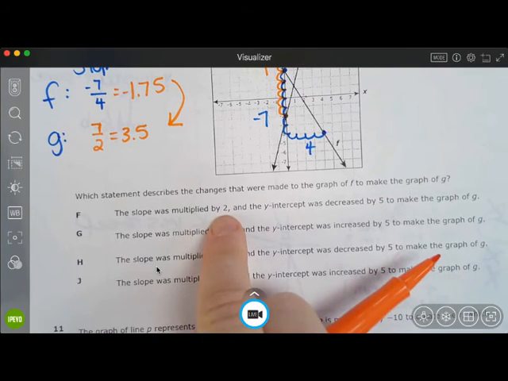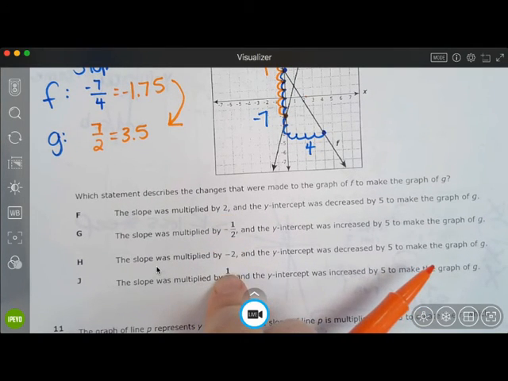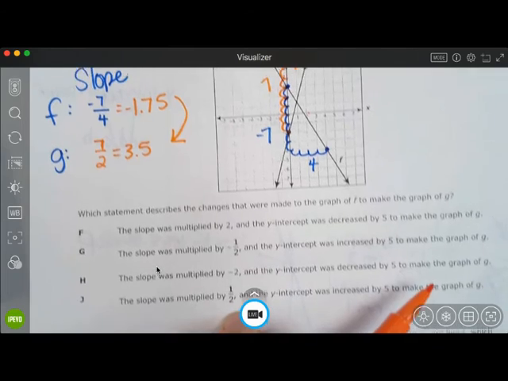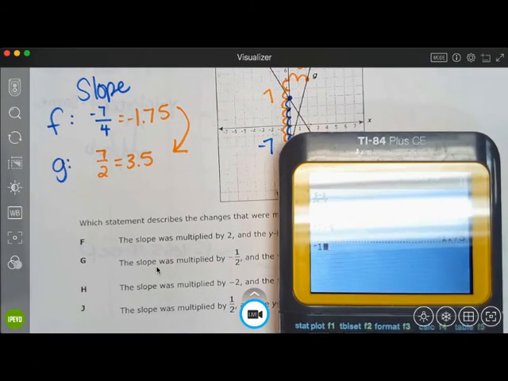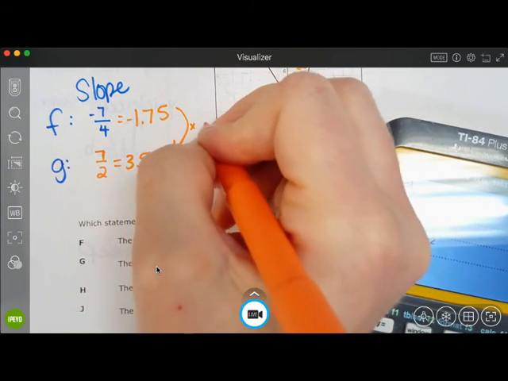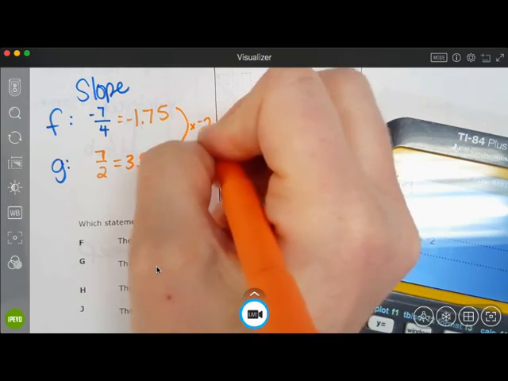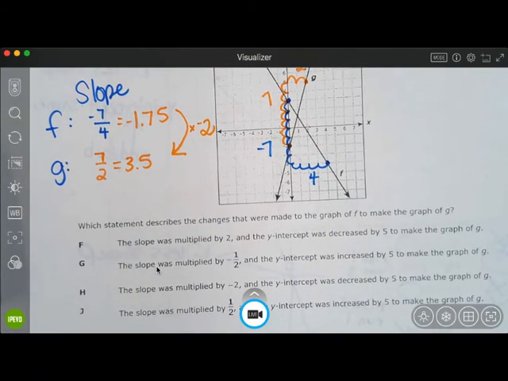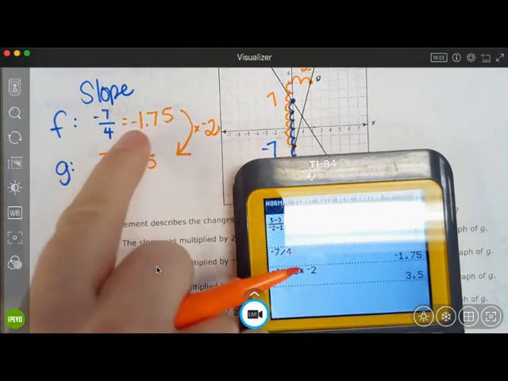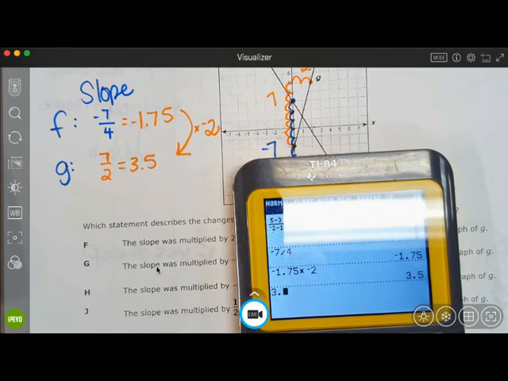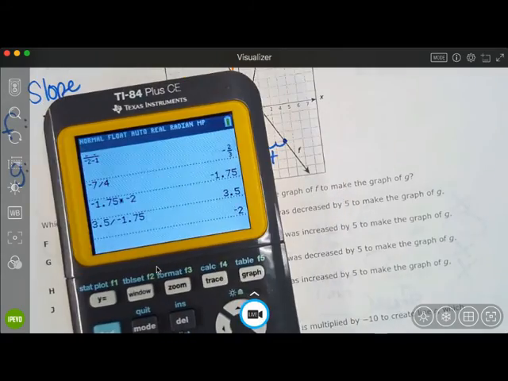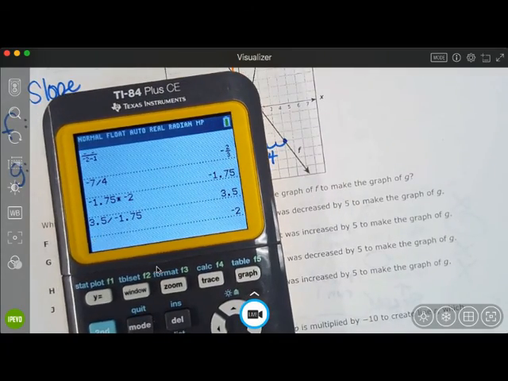Is it going to be 2, negative half, negative 2, or half? Negative 2. So if I do negative 1.75 times negative 2, I get 3.5. And if you didn't know that, you can divide. Go the opposite way. If you want to multiply this times something to get this, do 3.5 divided by negative 1.75. And it shows it's multiplying by negative 2.